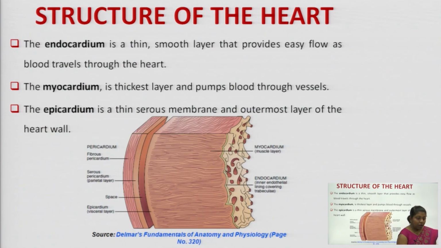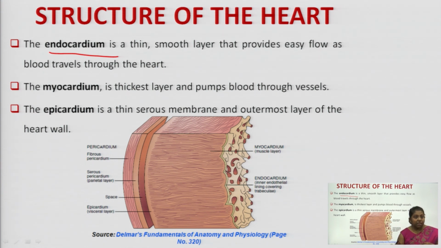Fine. Now, how is your heart anatomically? What is the structure of our heart? So, basically, when we go through the layers of our heart, there are 4 layers. Fine. So, the first layer or the innermost layer is termed as the endocardium.